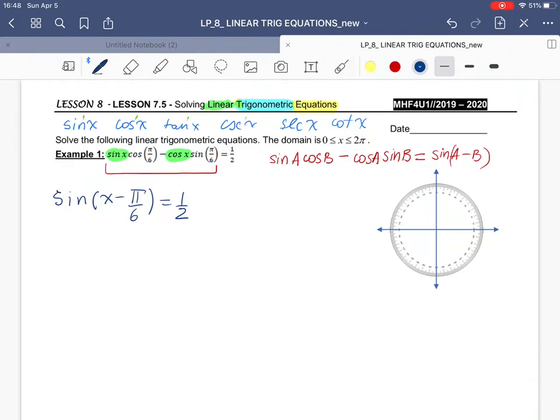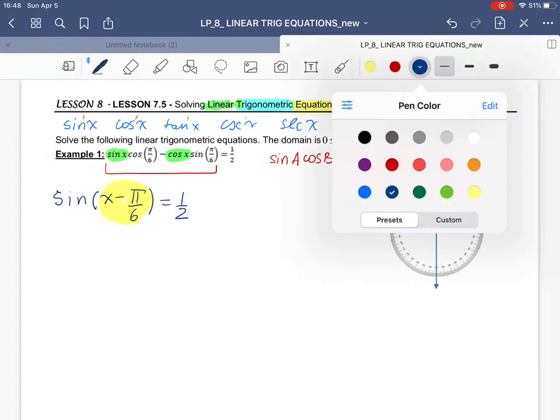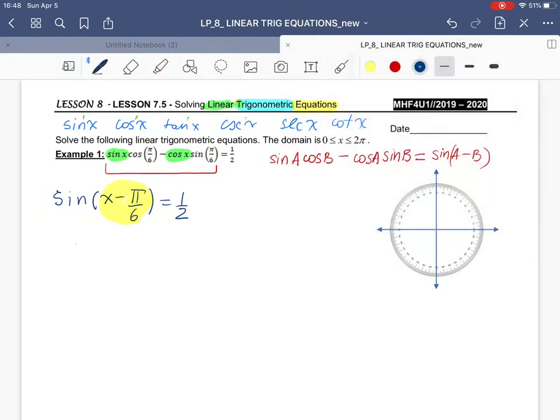So our unknown now is hiding right here. Okay, we're solving for angle x minus pi over 6 first, and again we have x minus pi over 6 now equals inverse sine 1/2.